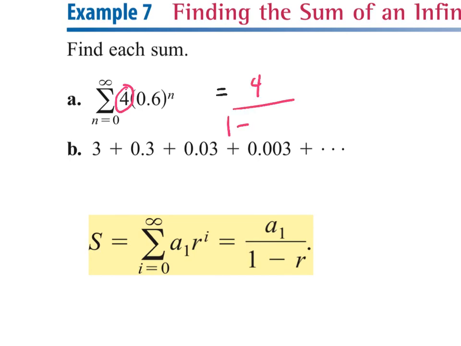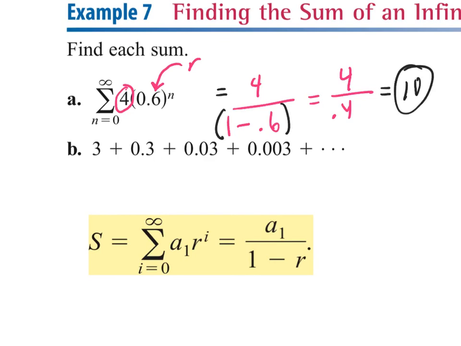Over 1 minus the ratio. What's the ratio? 0.6. So in your calculator, you can say 4 over 0.4, or put it in parentheses to make sure. What is the answer here? 10. That's it.